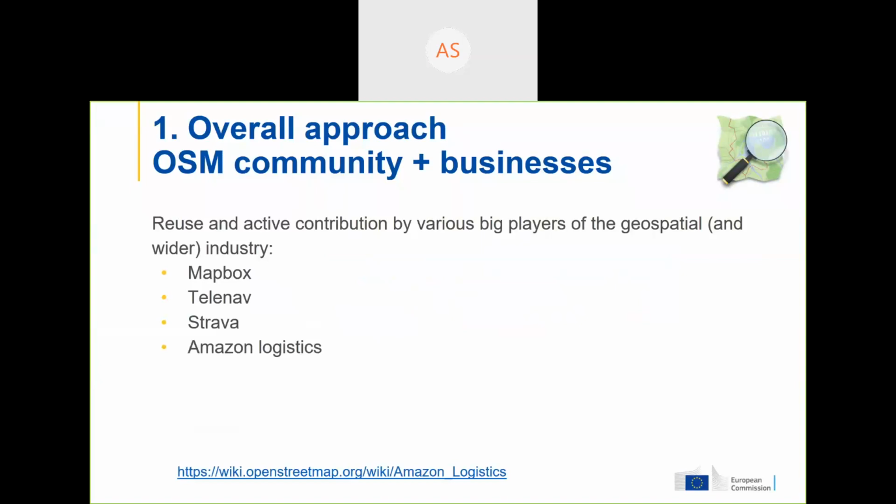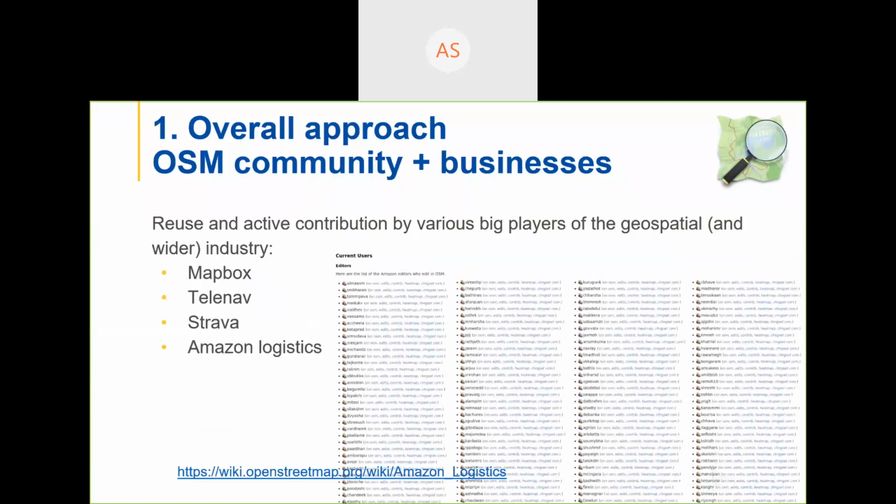We have Amazon Logistics, which is investing a lot in last mile mapping. Here there's a page on the OpenStreetMap wiki with the names of users officially working on this for Amazon Logistics, so we can track who from Amazon is editing the map.